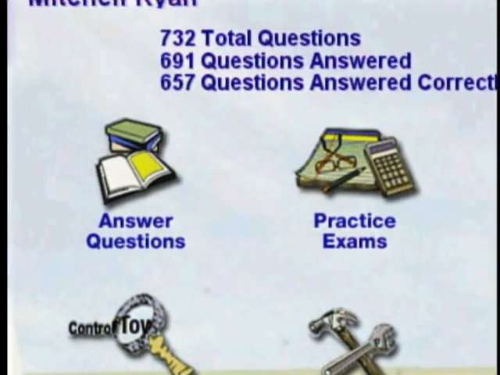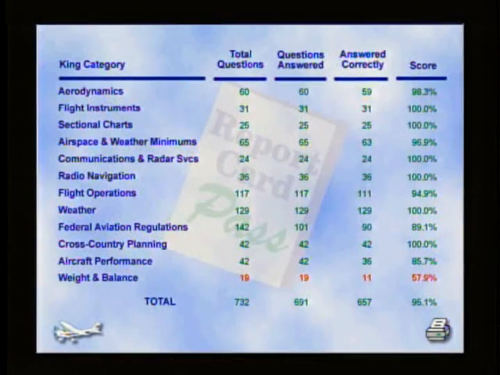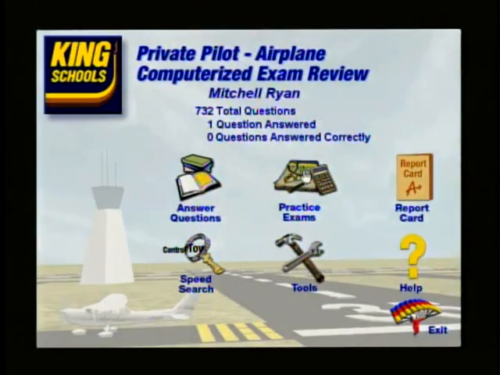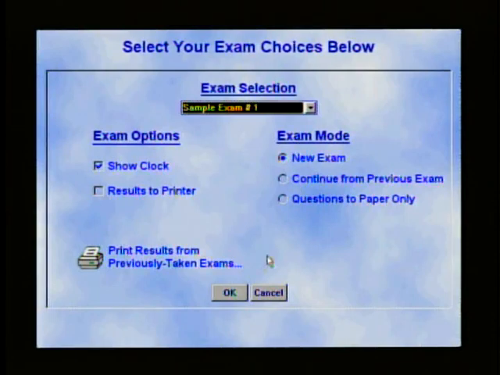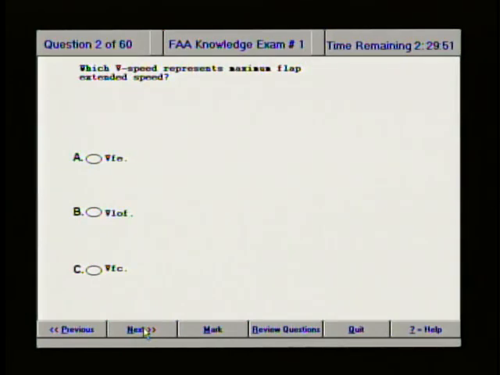Your computer will track your progress, allowing you to select unanswered questions or previously missed questions, and your report card will highlight the areas you need to concentrate on to improve your score. The practice exams let you display your test in the same way that you'll see it at an FAA computerized testing center. And because you'll already be familiar with the computerized testing format, you know you'll do your best.